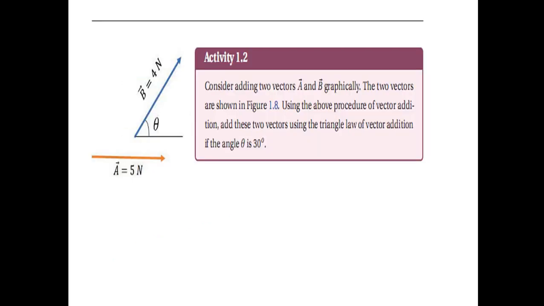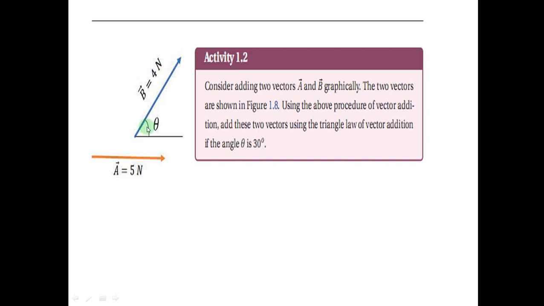Here, let's consider Activity 1.2. Consider adding two vectors A and B graphically. The two vectors are shown in the figure. Using the above procedure of vector addition, the triangle law, with angle theta equal to 30 degrees: here is vector B, which is 4 Newton, at 30 degrees to the horizontal, and here is vector A, 5 Newton.